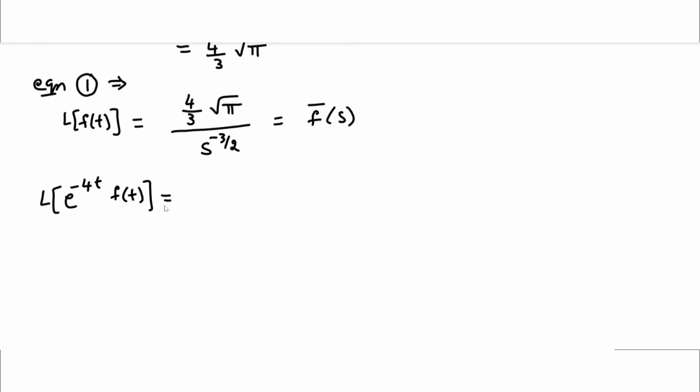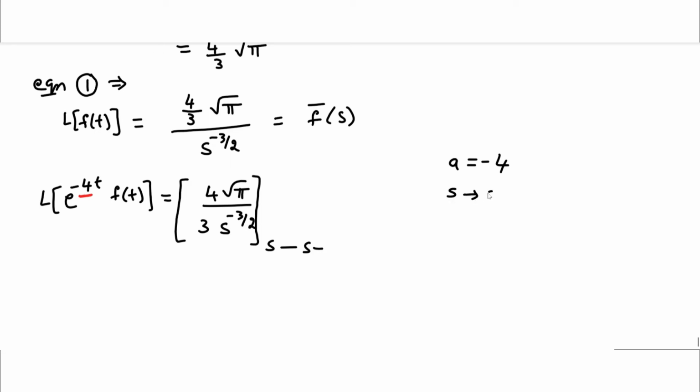So the moment you take this e power, on the right hand side you can write 4 square root of pi divided by 3, and in the denominator s power of minus 3 by 2. The moment you include e power, you have to shift the value of s to s minus a. So what is the value of a in this case? A value is minus 4.